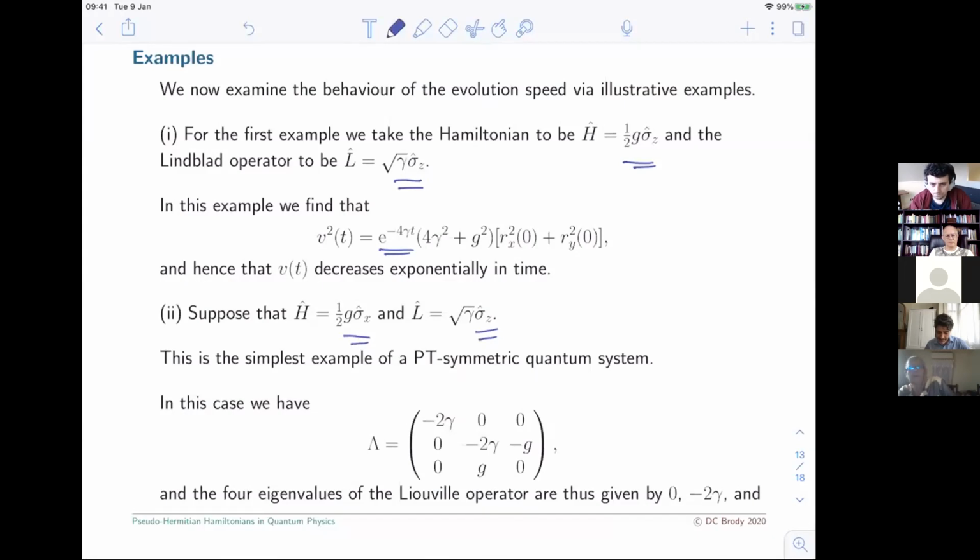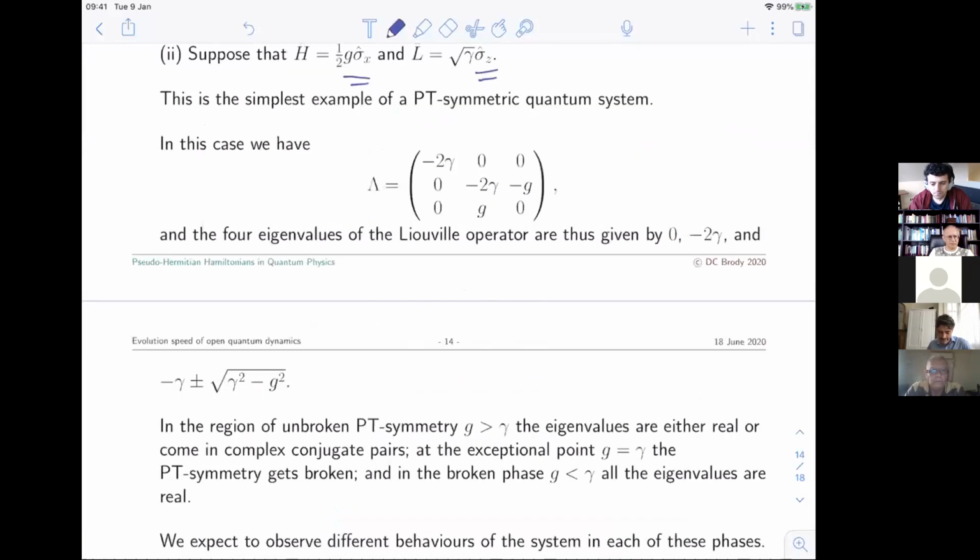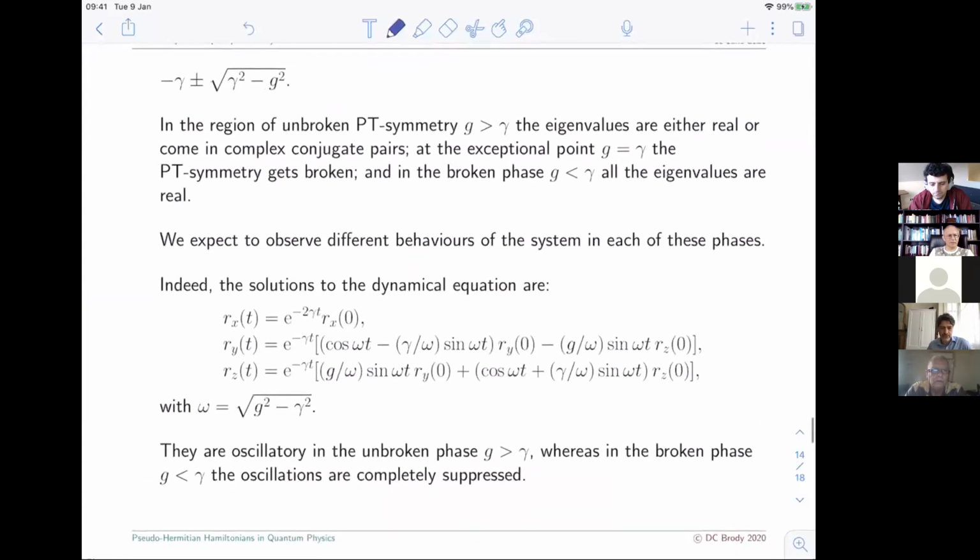Therefore the Liouville operator, which is a 4 by 4 matrix, is lambda plus the B vector we had earlier. That matrix has 4 eigenvalues: 0, minus 2 gamma, and minus 2 gamma plus or minus the square root of gamma squared minus G squared. So now it's looking familiar. In the region of unbroken PT symmetry, G is going to be greater than gamma.